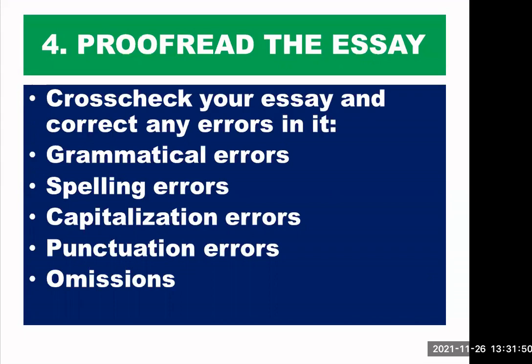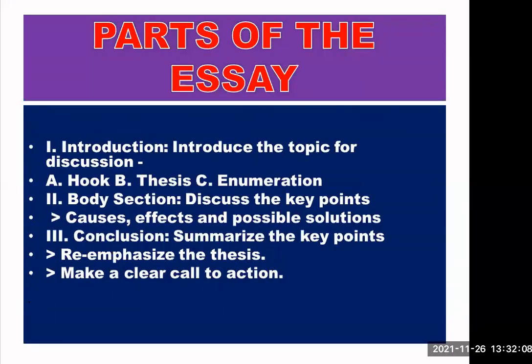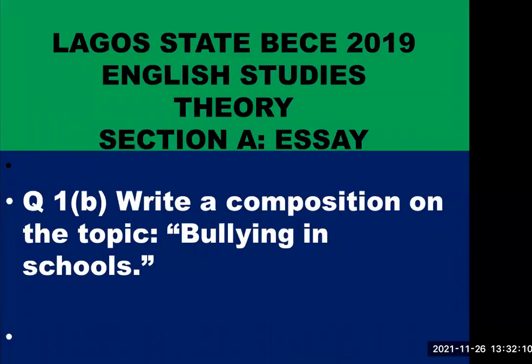So you cross-check, you revise, all right? You proofread, if you like, to ensure that you correct the mistakes, so that your essay will be error-free. Now, having said this, let's now head right away to solving the question.